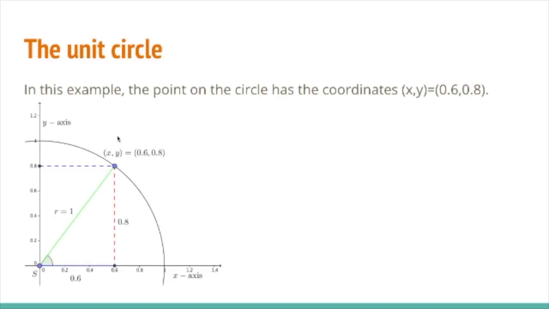So in this example, we will take the point which has x and y coordinates 0.6 and 0.8. If you look at the picture, we have marked the point 0.6 and 0.8, and we have taken the radius from the center to that point. So you can see that the x value is 0.6, the y value is 0.8.